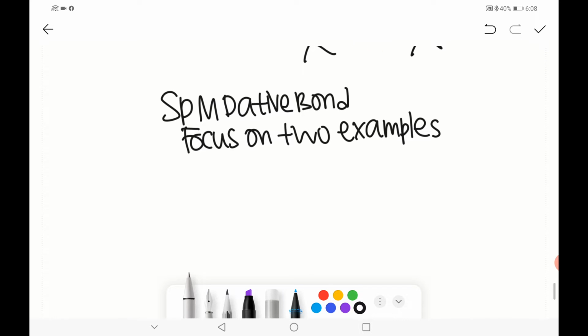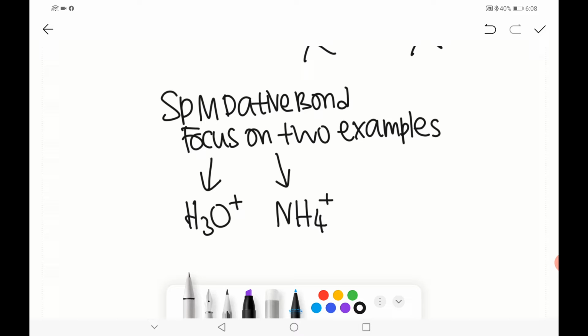The first example is H3O+. Don't need to memorize. The second one is NH4+. These are the 2 examples you should focus on for SPM.